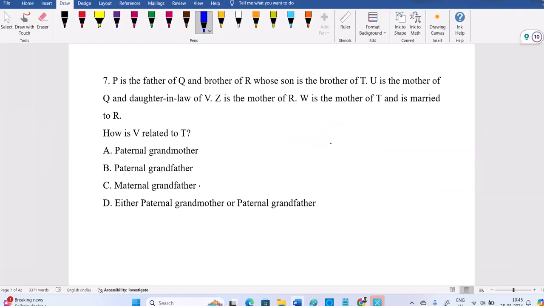So P is father of Q and brother of R. P is brother of R. Whose son is the brother of T? So here this is related to R. R is son of T. U is the mother of Q, which means P and U are a married couple.